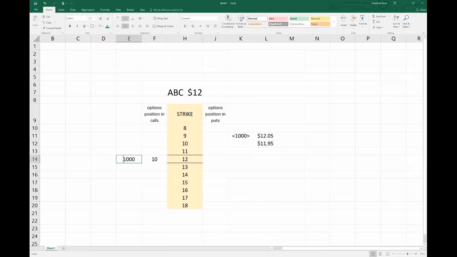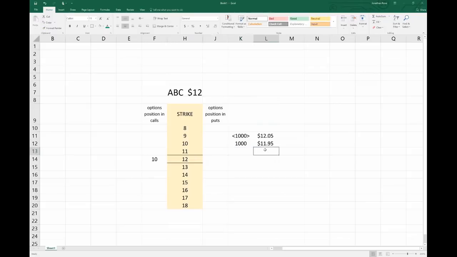Well, now these are worthless. My gamma just went from long 1,000 to 0, actually, because now I'm just short 1,000 shares. So I got to buy 1,000 shares back.